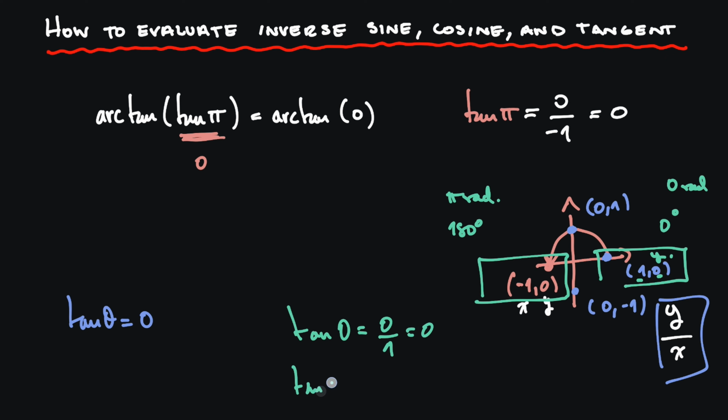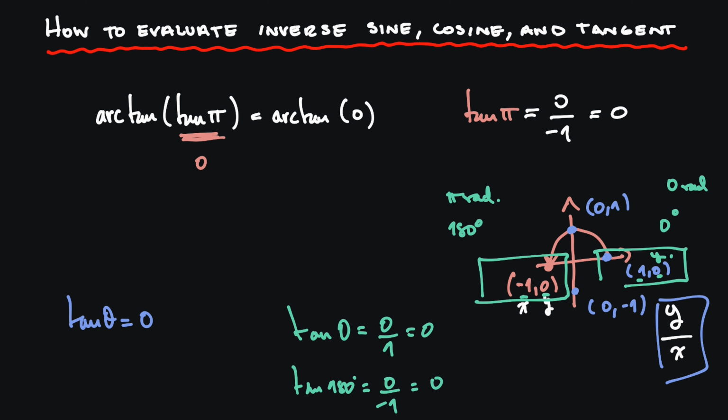And if we evaluate tangent of 180 degrees, you will have the same thing, 0 over -1, and 0 over -1 will be 0, right? And now, which one is the answer?